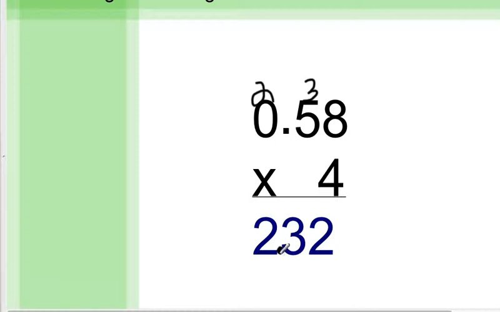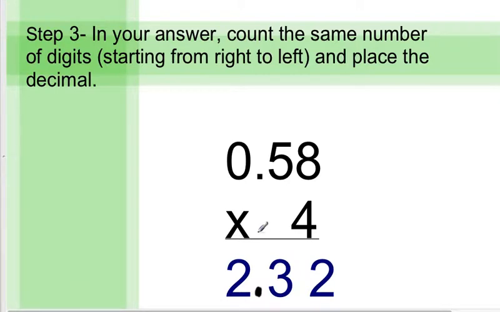Now I put this in already, but let's go to the next slide and look at it. So the step 3, in your answer, count the same number of digits starting from right to left and place it in the decimal. So they're just saying, how many numbers are after a decimal? Well, this is after the decimal, because here it is, and this is after a decimal.